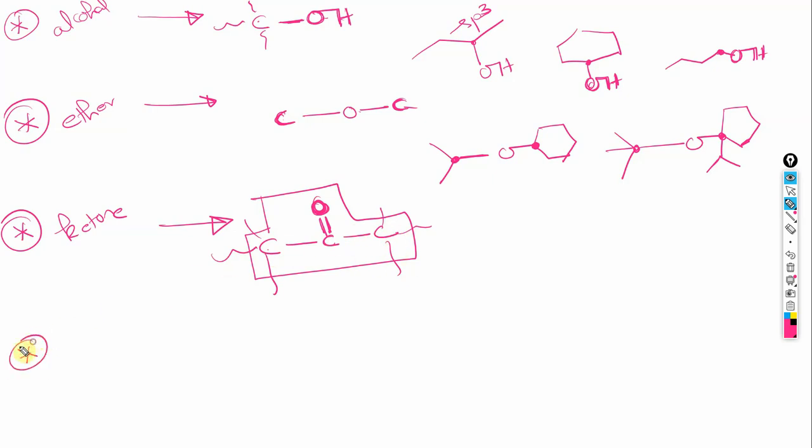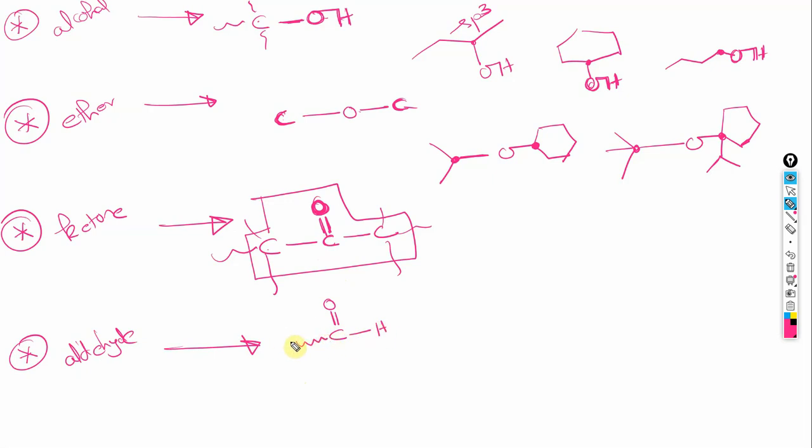And this should definitely be differentiated from an aldehyde, which is very similar to a ketone, except it contains at least one hydrogen. So it's very similar to a ketone as I just mentioned, but this C double bond O contains at least one hydrogen.